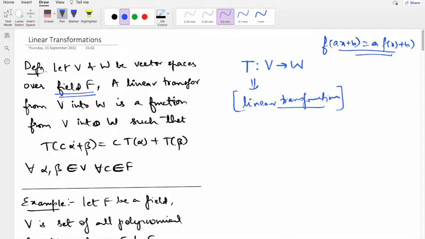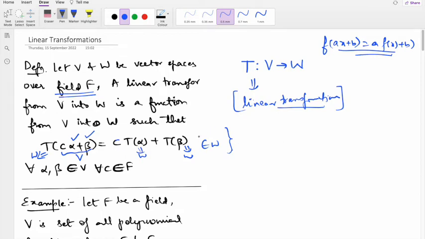Here, alpha and beta are vectors in V. C times alpha plus beta will be a vector in V. T maps it onto a vector in W. C times a vector in W plus a vector in W will also be a vector in W, because W is also defined over the same field F, and c comes from the same field F. So this equation is fine.